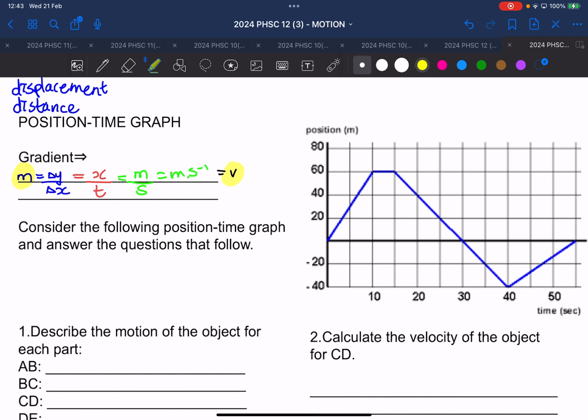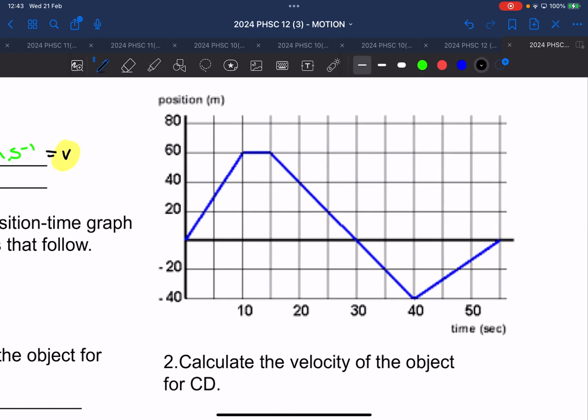Okay, so let's consider this graph, and I want you to fill in here. This is A, B, C, D, E, F. Let's look at the graph. We see here the object starts from a zero position, wherever zero position is.